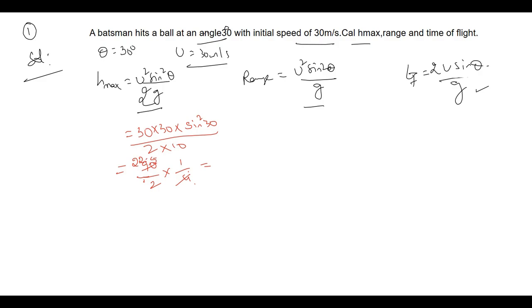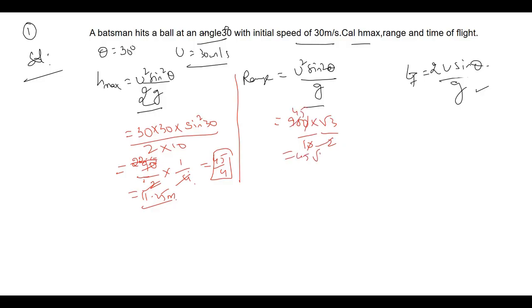What about range? Here put theta value 30, then it will become sin 60.